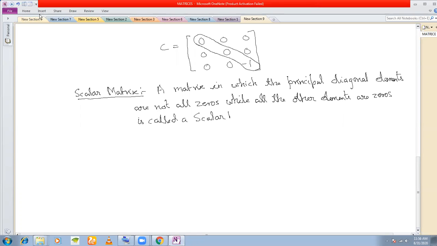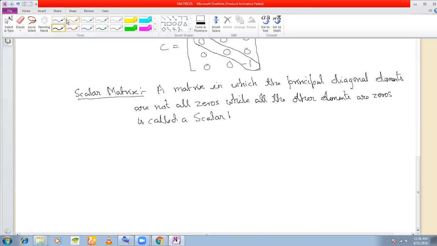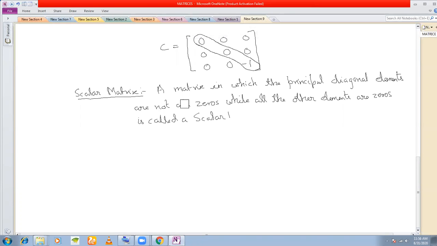Sorry, "not all zeros" is not the right word. It is the same scalar. So it is a special kind of a diagonal matrix.